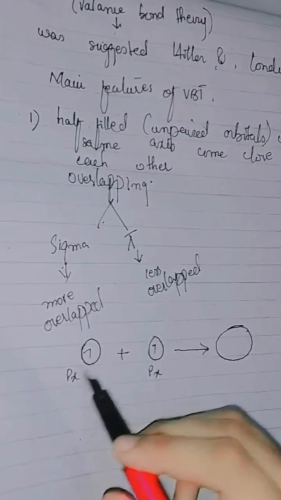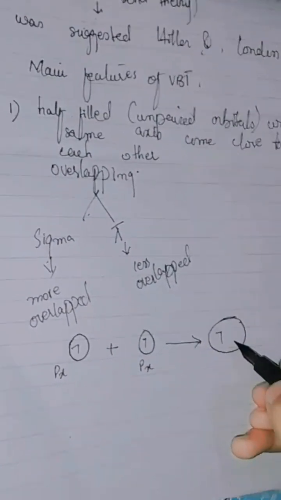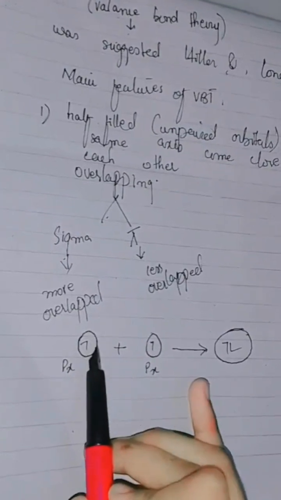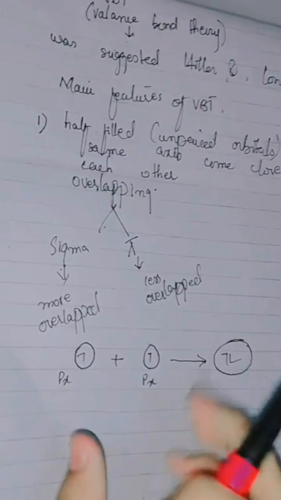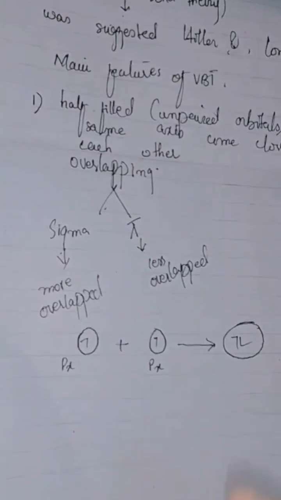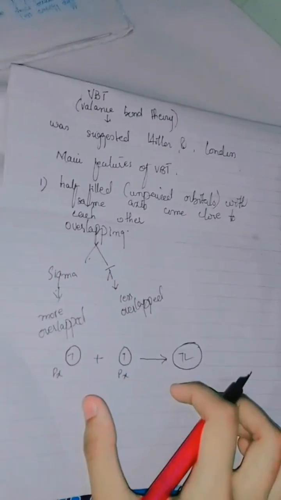These px and px will combine, so one electron will be clockwise and the second electron will be anti-clockwise. That is known as overlapping, when the two unpaired orbitals come close together or overlap.